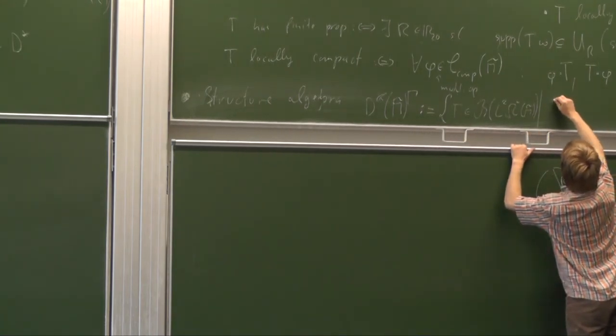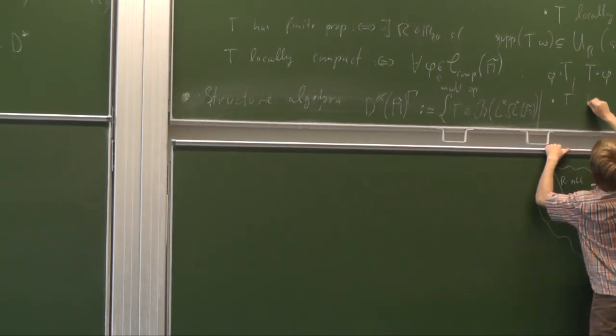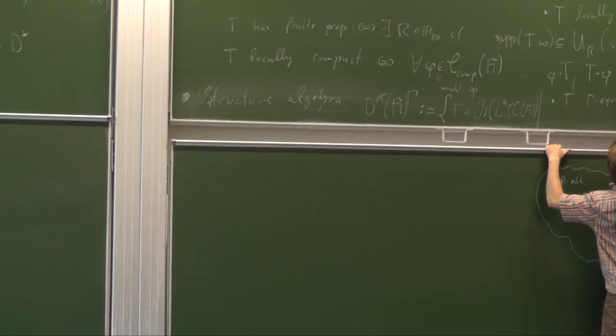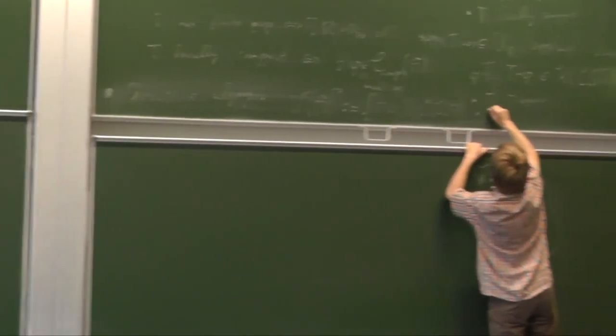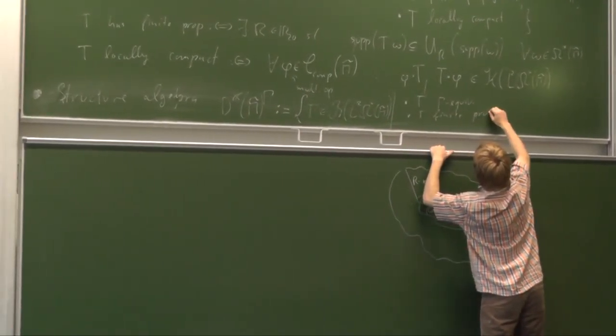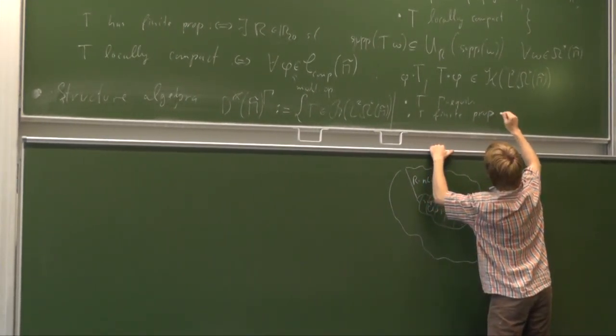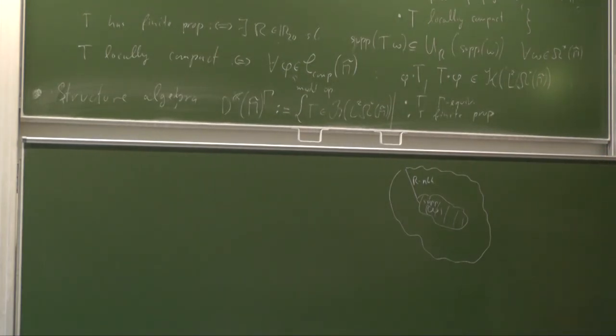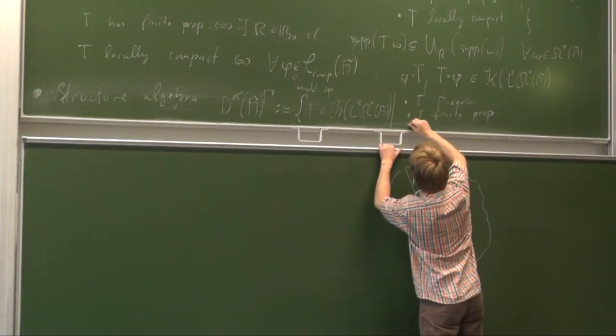Well, what are the properties here? Still we want them to be gamma invariant. Still we want them to be of finite propagation. Note that the composition of two finite propagation operators still has finite propagation. Propagation just adds. So that's a good property for an algebra.